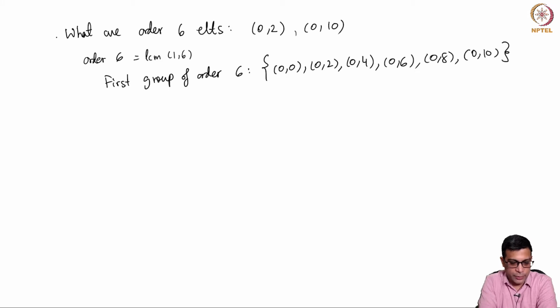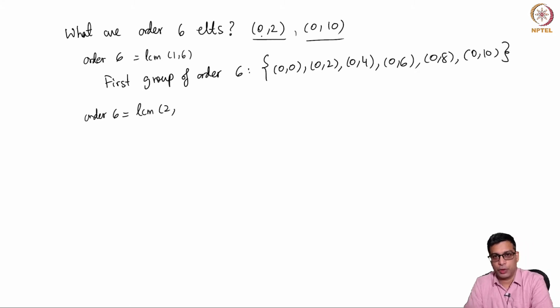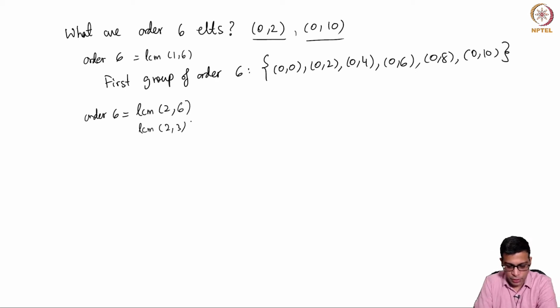Now what are the other elements? So these are some possibilities. On the other hand, we can also do order 6 equals LCM of, let's say, now you put 1 in the first coordinate, so that is order 2. So you can put 6 here, or you can also do LCM of 2 and 3. So this now gives you more possibilities.